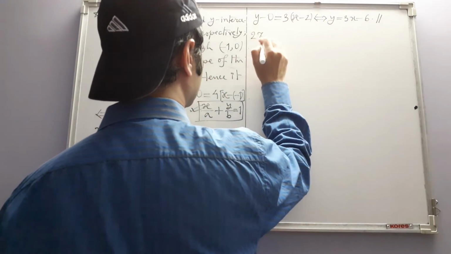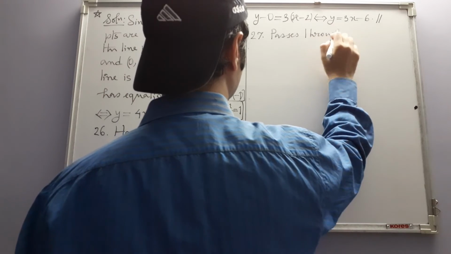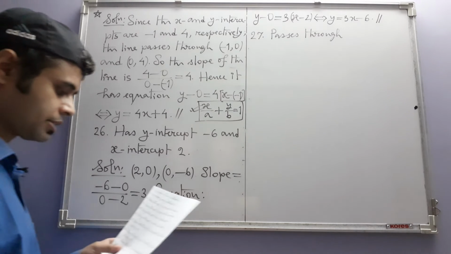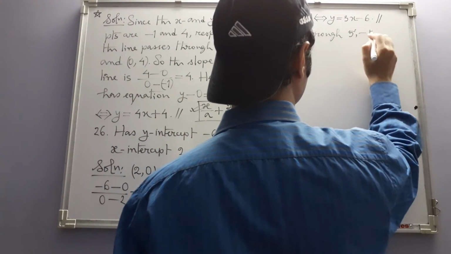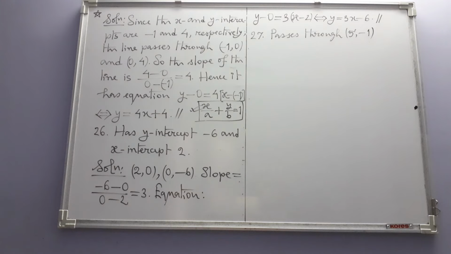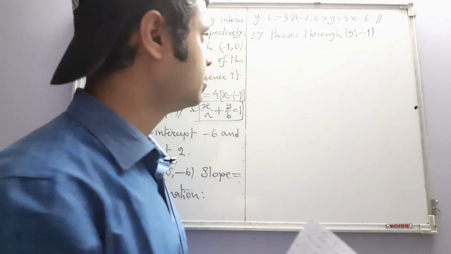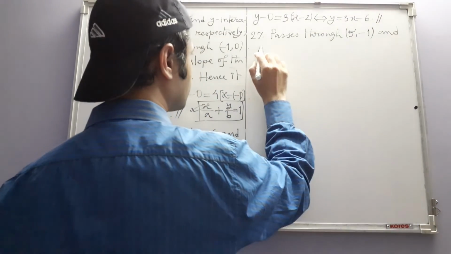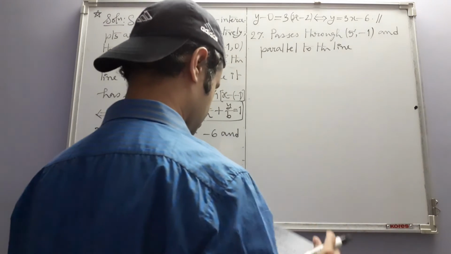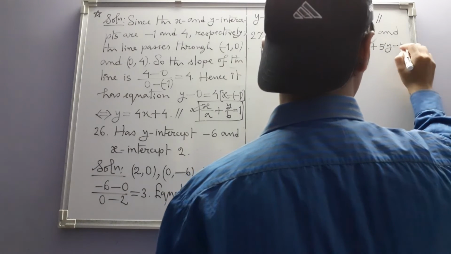27 passes through 5 comma -1 and is parallel to the line 2x plus 5y equal to 15.